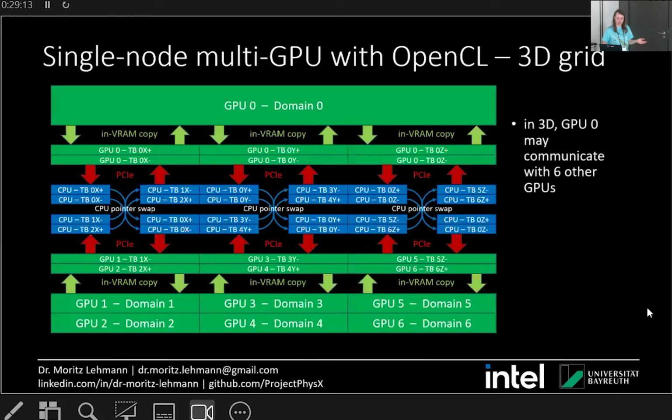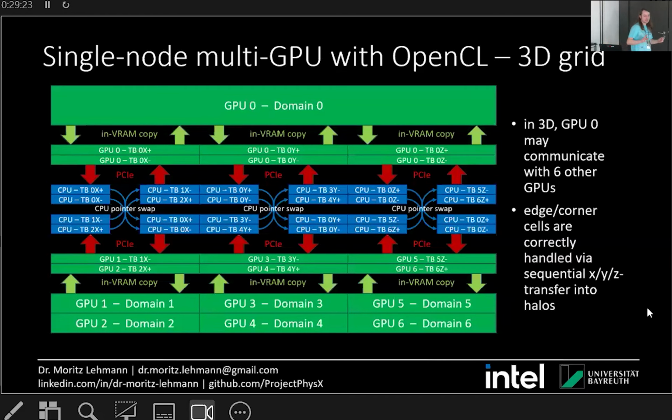One GPU here can communicate with 6 other GPUs if it's really different GPUs. And the cells at the edges or on the corners are correctly handled because the data is really moved first to the neighboring sites and then from them up to the others.